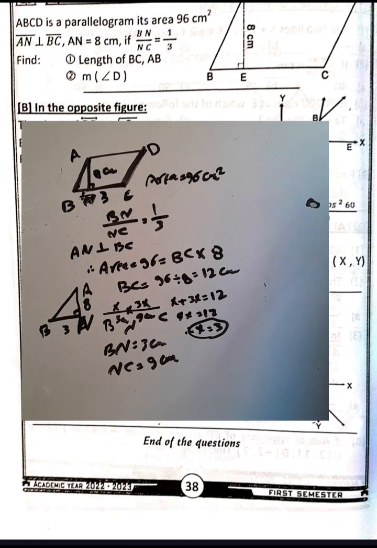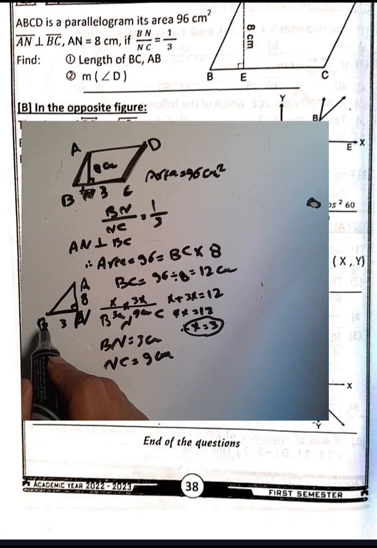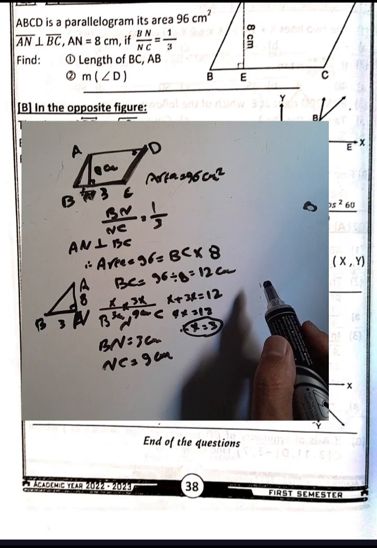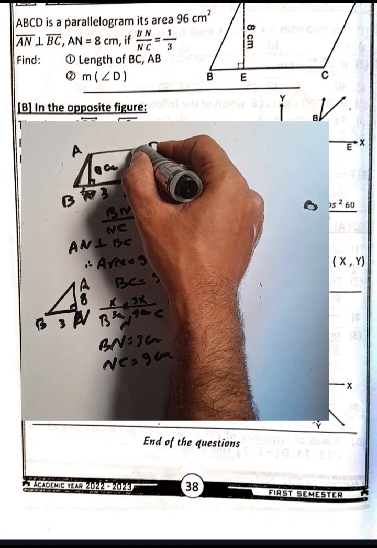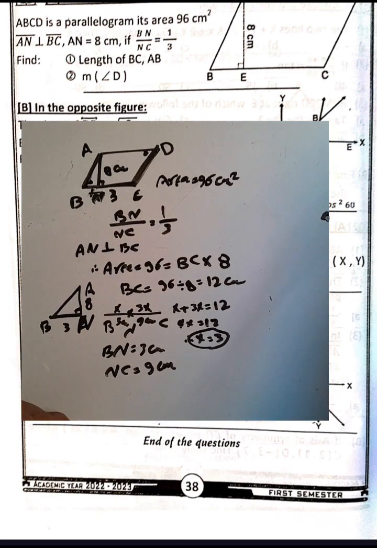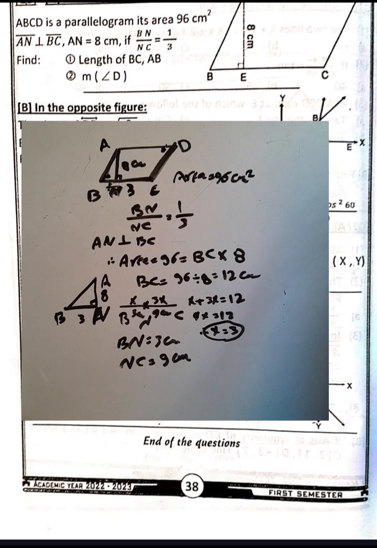You can find the length of AB from Pythagoras, or you can find the measure of angle D. Measure of angle D equals measure of angle B, because it's a parallelogram. Remember, in a parallelogram each pair of opposite angles are equal in measure.